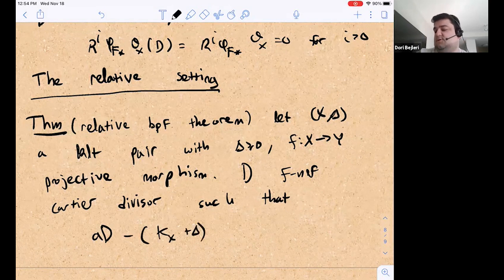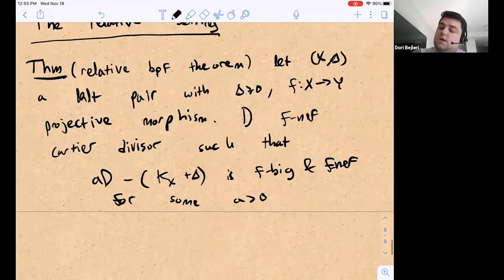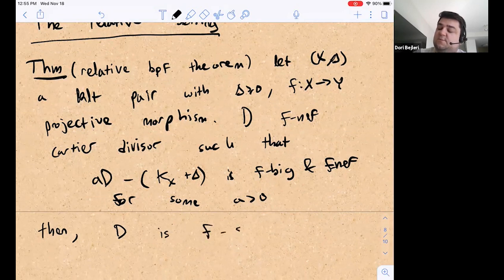So in this case, we want to say that it's f-big and f-nef for some a. Then D is f-semi-ample.